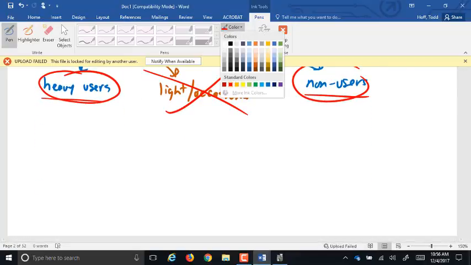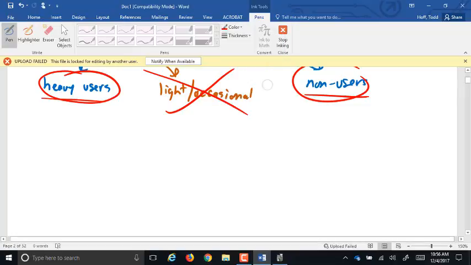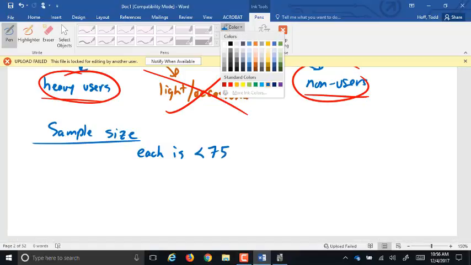So what would you say about the size of this sample? You say each is less than 75 people. What'd you say?